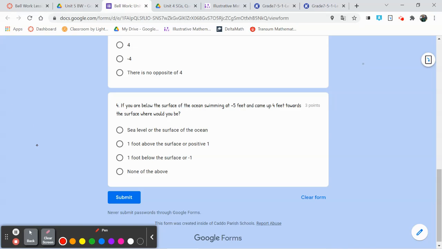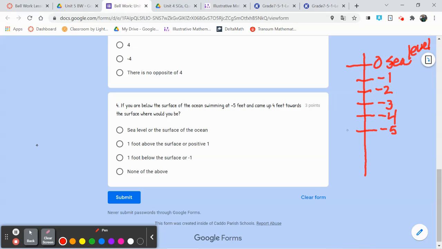Again, it said, here's 0, or sea level. Don't have very much room there, do I? -2, -3, -4, -5. So you're swimming right here. There you are, swimming away.